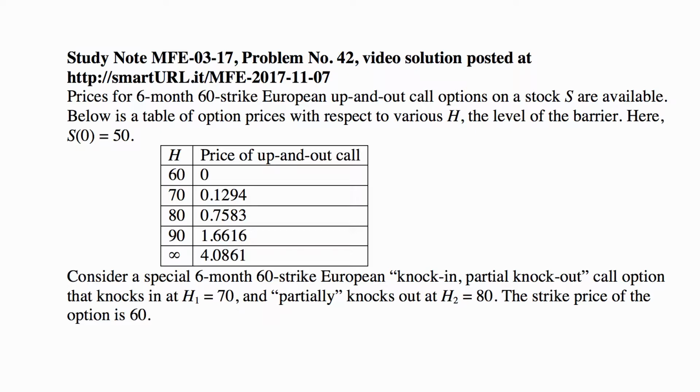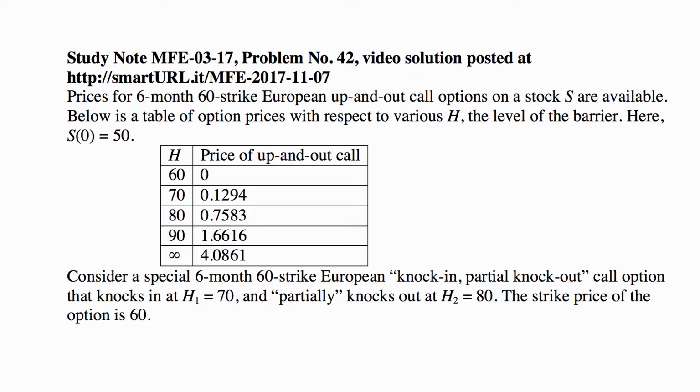So up and out means that as the price of the stock rises, if it reaches the barrier level, the option goes out of existence. And the levels are 60, 70, 80, 90, and infinity. And of course, infinity means that it will not get there. So with the barrier of infinity, this is just the regular call price.